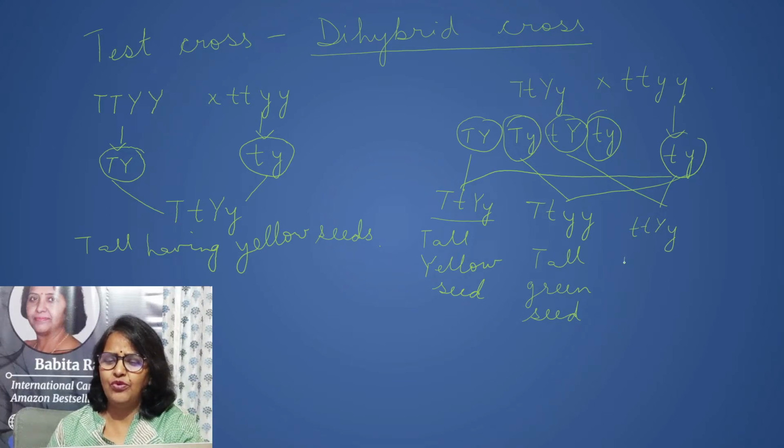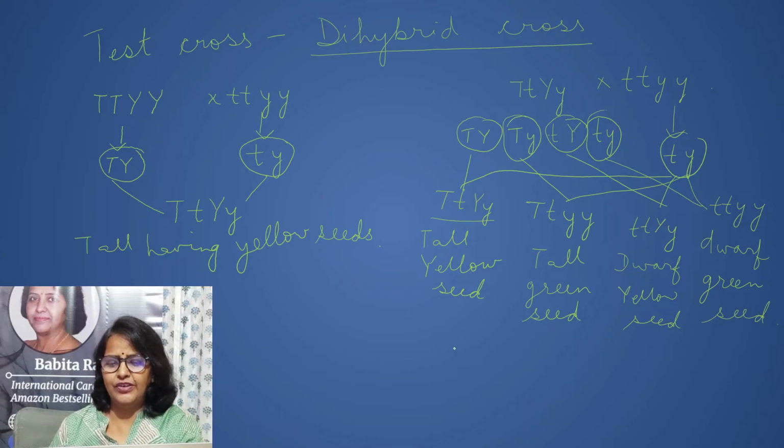This will be dwarf with yellow seed. What about this one? Small t, small y, small y. This will be dwarf with green seed.